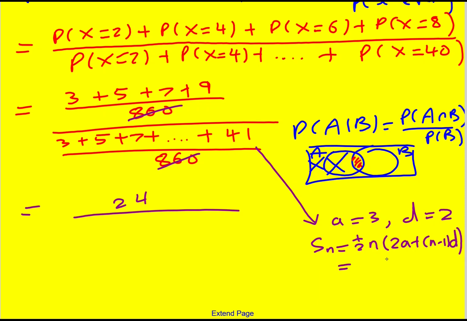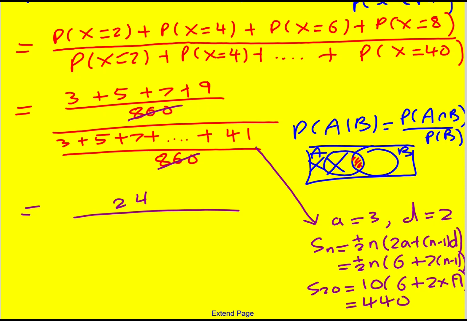So it will be a half n 6 plus 2 n minus 1. All right, so S20 is going to be 10 times 6 plus 2 times 19. That's 38, plus 6 is 44. I'm going to get 440.